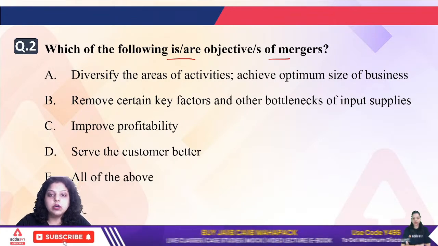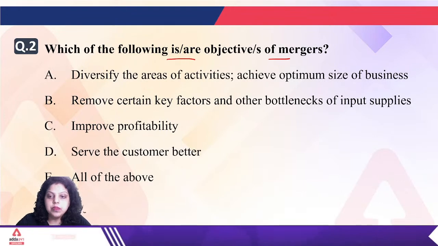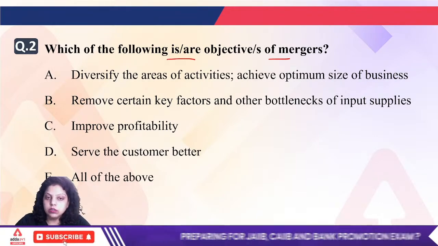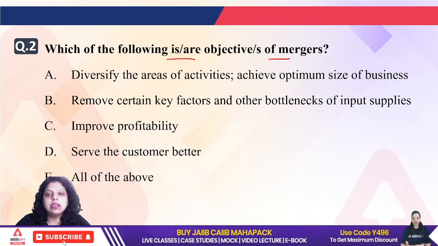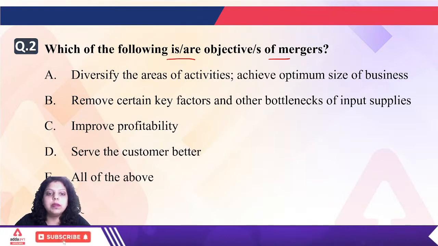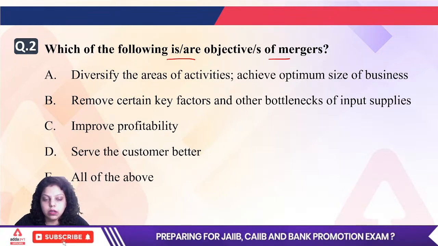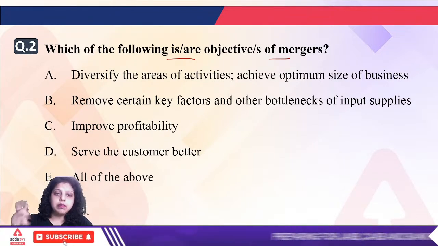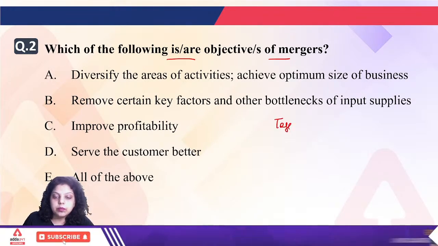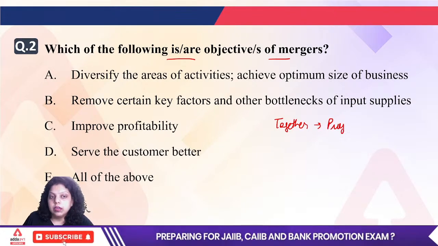After that task is completed, the companies will work on their own, and they will not be the same as each other. So simply, when companies come together for a particular project, that is known as a joint venture.